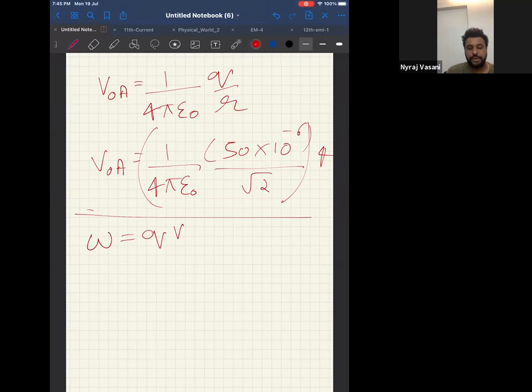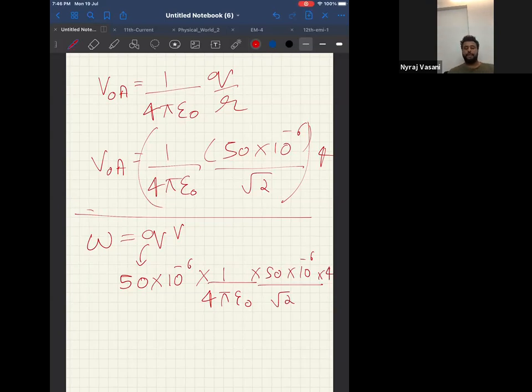Please look at the screen now. What is the charge? Can I say the total charge is 50 into 10 power minus 6, into the total potential at the center? The total potential at the center is 1 by 4 pi epsilon naught into 50 into 10 power minus 6 upon root 2 into 4.